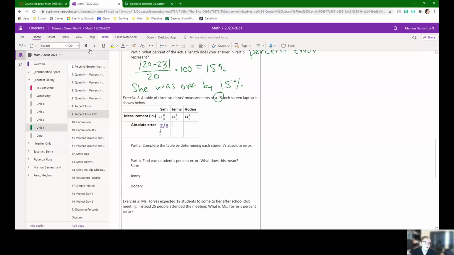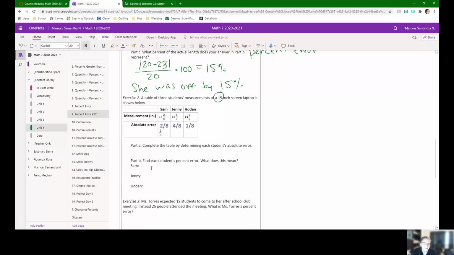We also know that 4/8 is just a half and 1/8 is a quarter, but they kind of wrote this so we could all see this kind of the same, who was the furthest off. Hodon said 15 or 14 and 7/8. If you subtracted those out, you should have found that she was off by 1/8. So Hodon was really the closest.